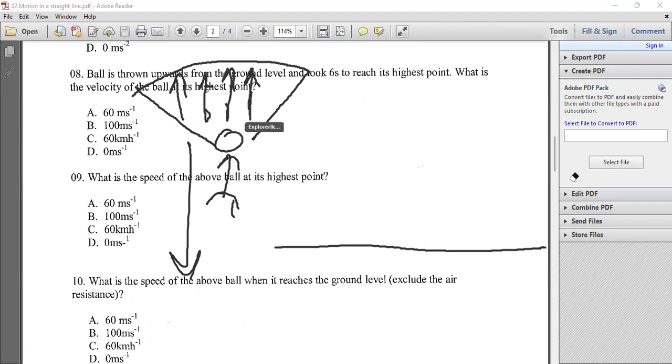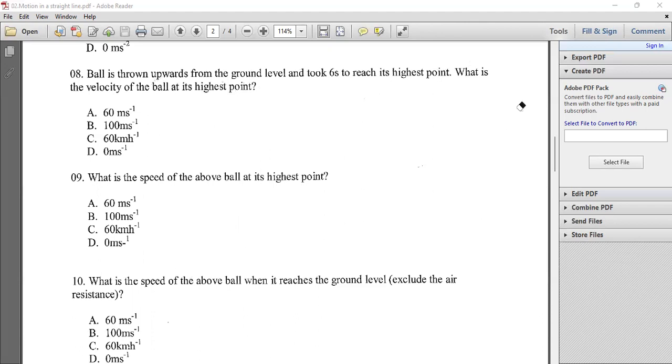Can you understand? So likewise, if any object falls onto the ground from the earth under the gravitational acceleration, the motion of the object would be resisted by the air resistance. So here they ask us to exclude it, forget it, do not consider it, right?